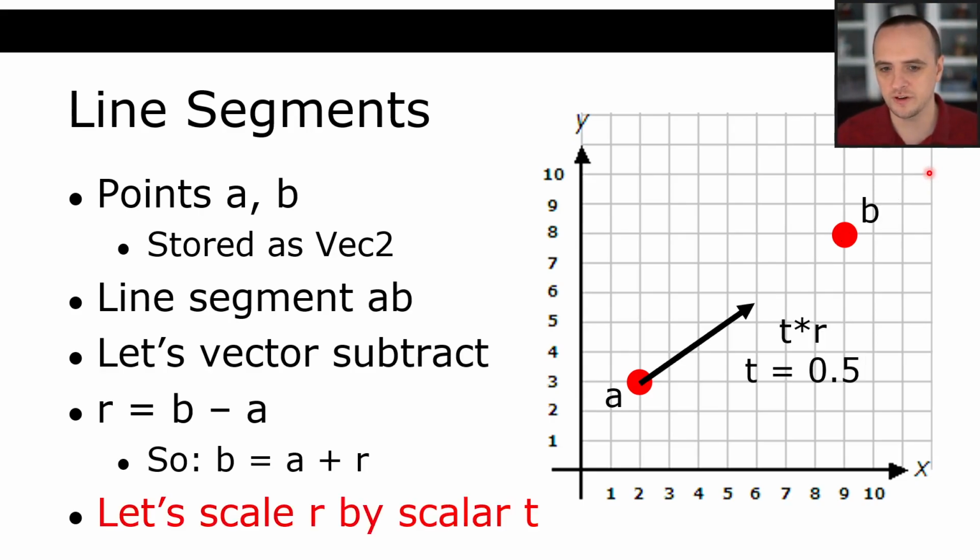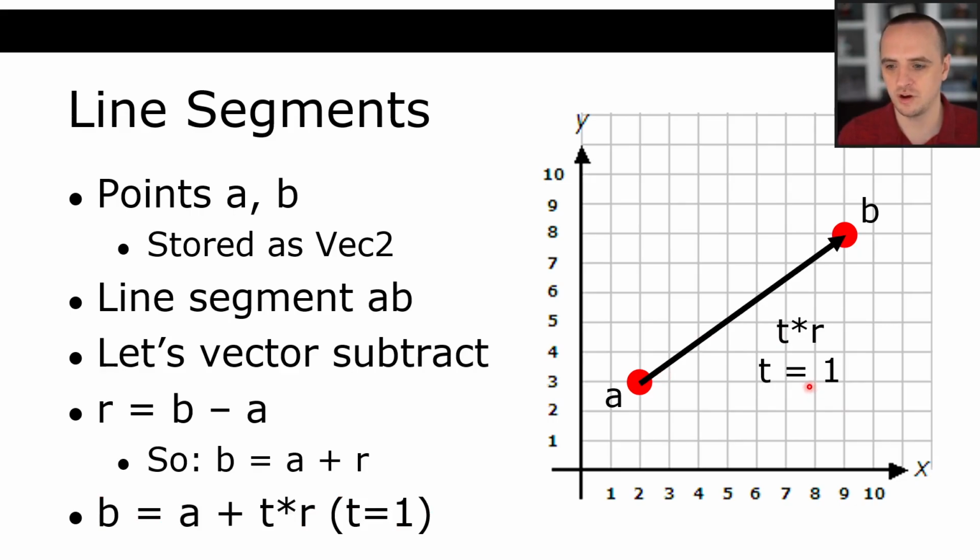We're going to call our scale T. So R is the vector, T is the scale value. Here, this would be T times R, and the particular value of T in this example is 0.5.